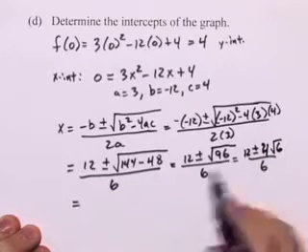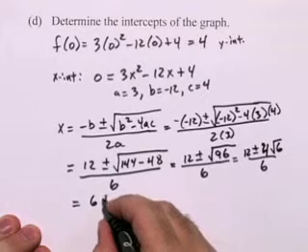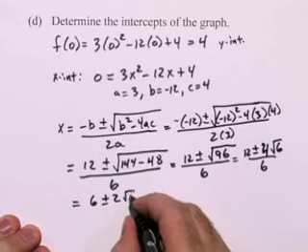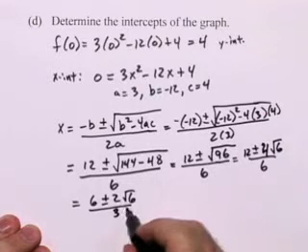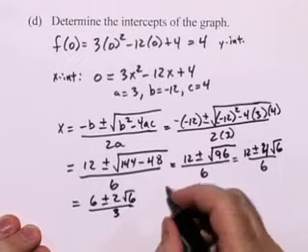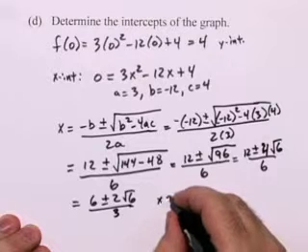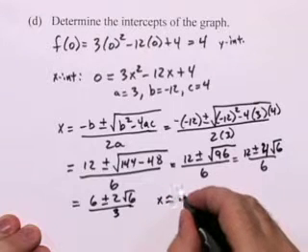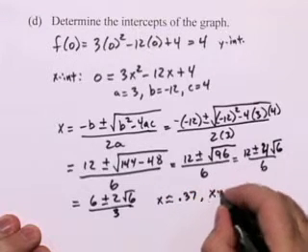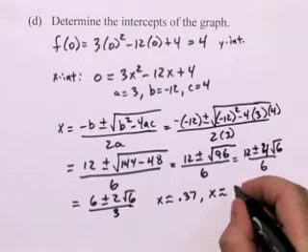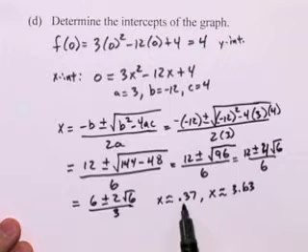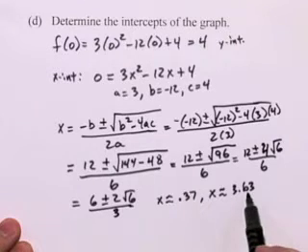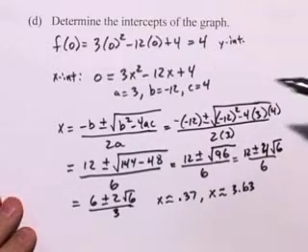We can cancel a common factor of 2, which will give us 6 plus or minus 2 root 6 all over 3. Now, if we put this into our calculator to get approximate values, we'll get x is approximately 0.37 and x is approximately 3.63. So our two x-intercepts are roughly 0.37 and 3.63, and our y-intercept was 4.